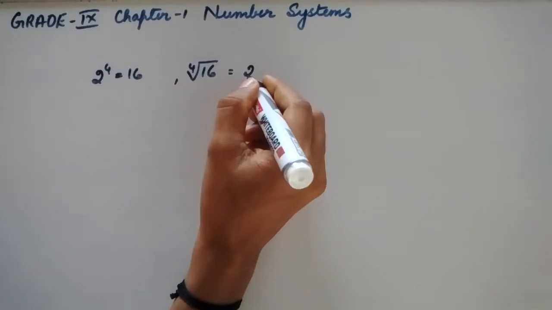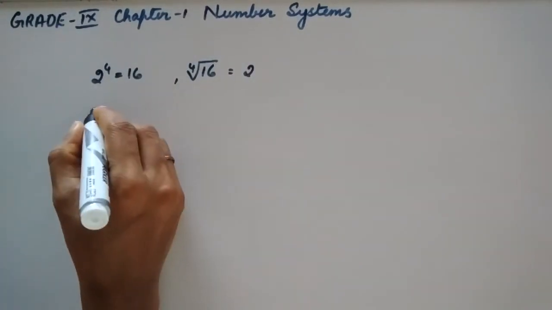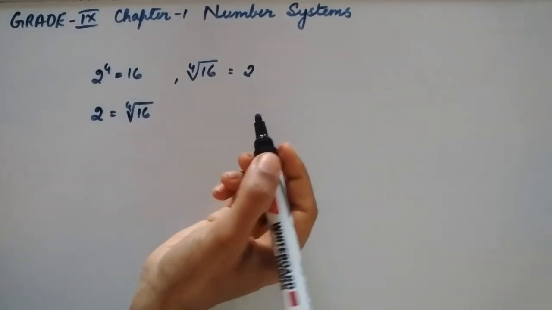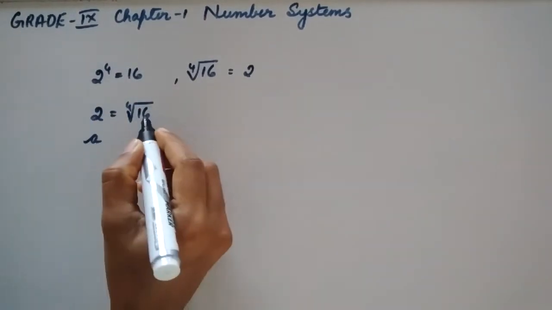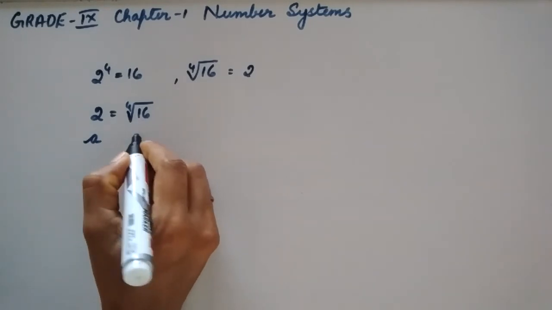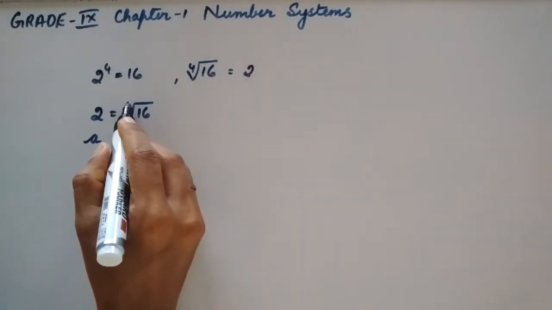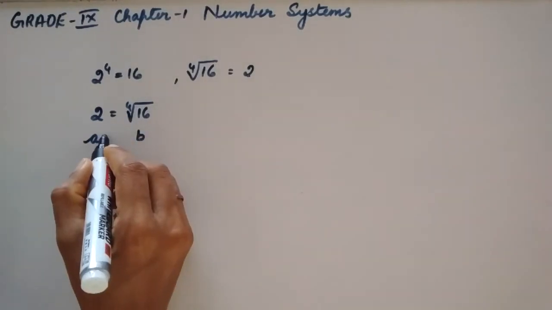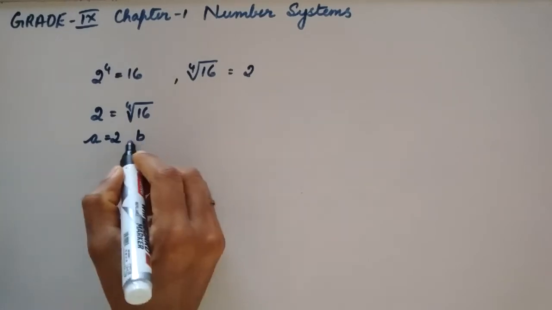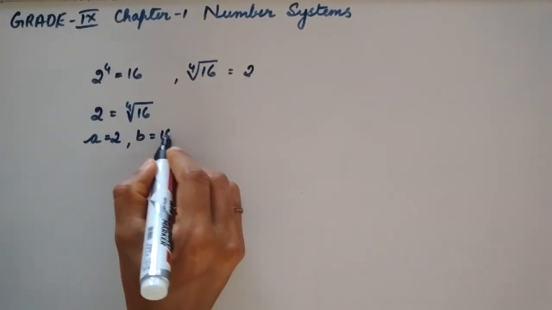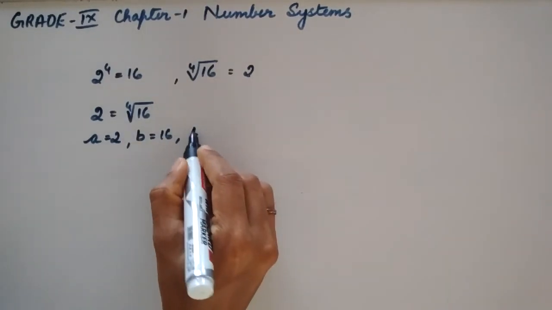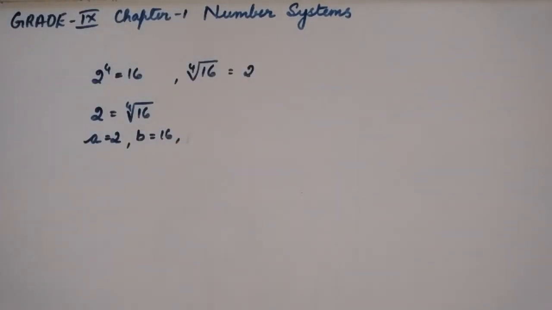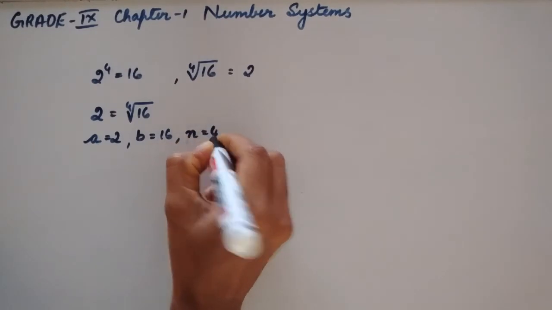Now here we can also write it like this: 2 is equal to the fourth root of 16, where 2 represents A, 16 represents B and 4 represents N. So A is equal to 2, B is equal to 16 and N is equal to 4.